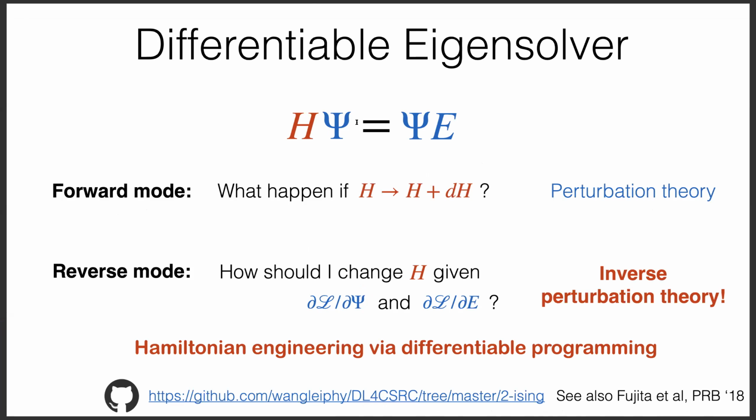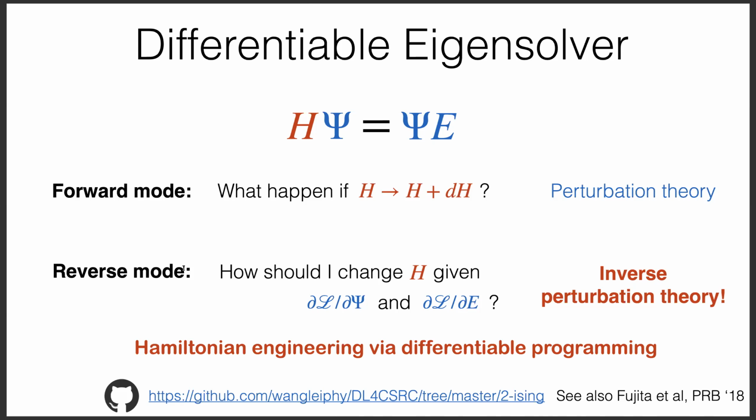The input node is the Hamiltonian or the matrix. The outputs are two things: the eigenvectors and eigenenergies. And we talked about the two modes of doing automatic differentiation. The forward mode was more or less asking the question, what happens if I change the input a little bit? What happens to the downstream calculation? So this is nothing but the perturbation theory we all learned from quantum mechanics.